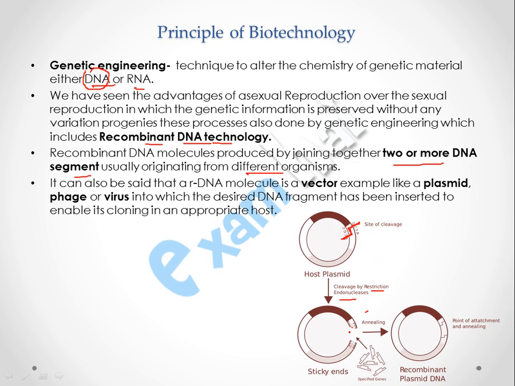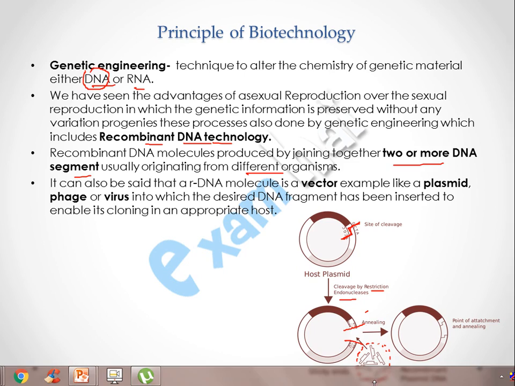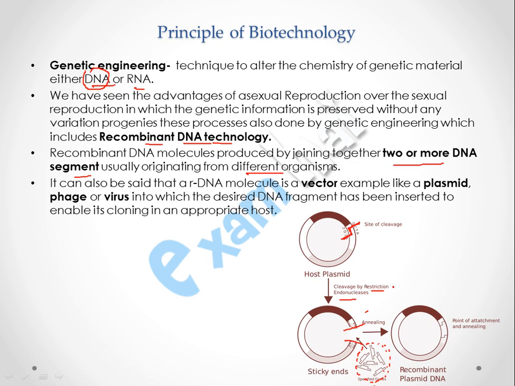And after that, they cut this site and develop a sticky end, after which the specific gene, which is from another source, from other bacteria or from another virus or plant or any other source, is inserted inside the host plasmid, and hence the recombinant plasmid DNA is developed.